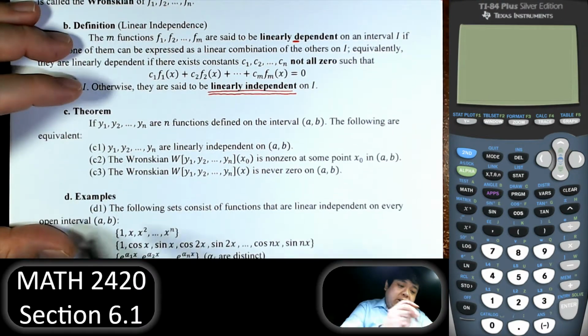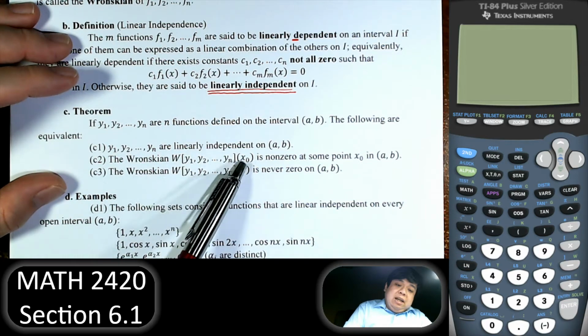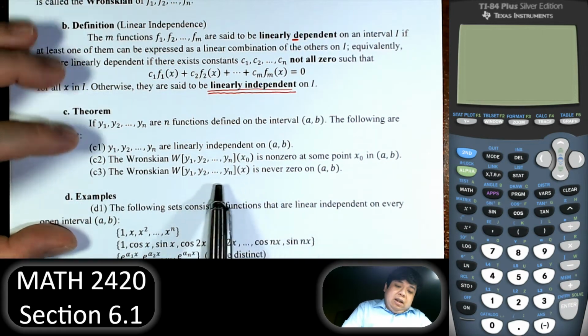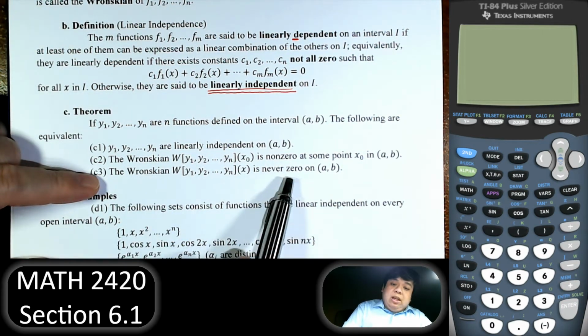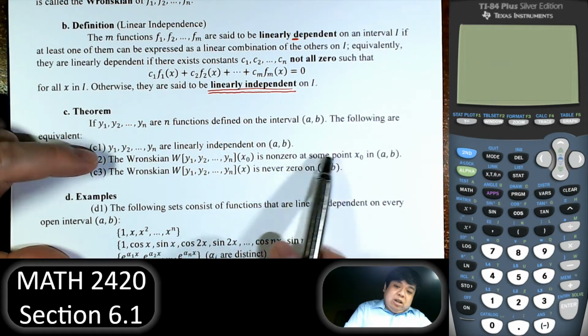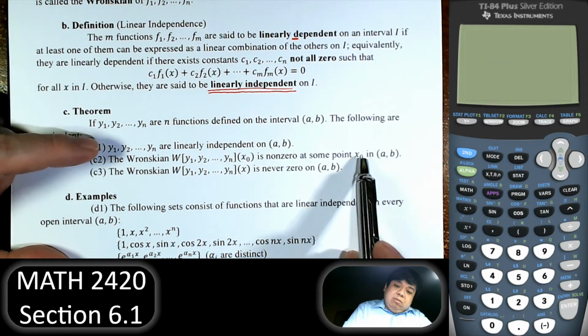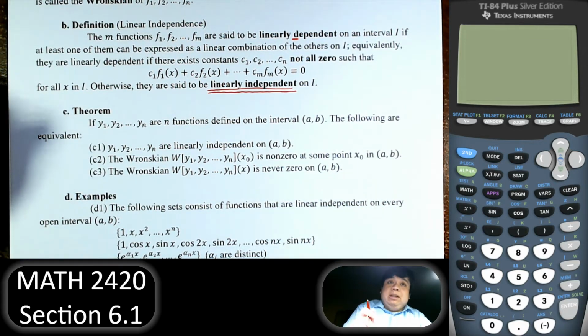The easier way to determine if they are linearly independent or not is to use the Wronskian, and that's with the theorem. If we have a set of functions and the Wronskian is non-zero at some point contained in the interval a, b, then they are linearly independent.